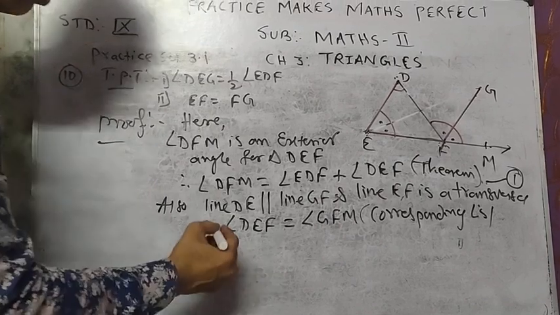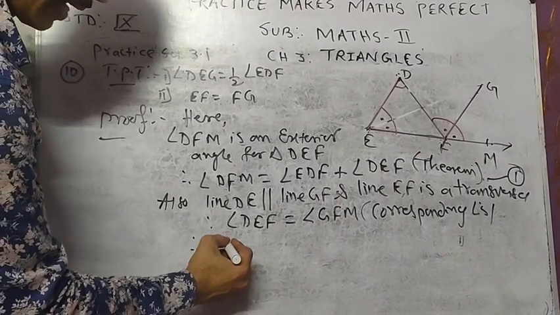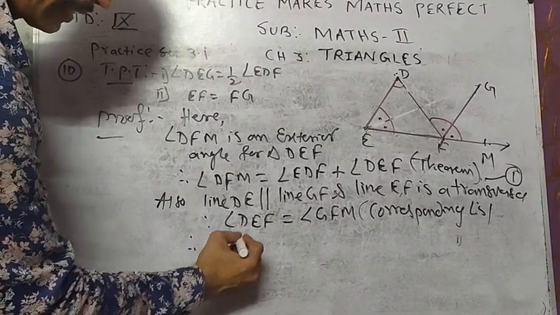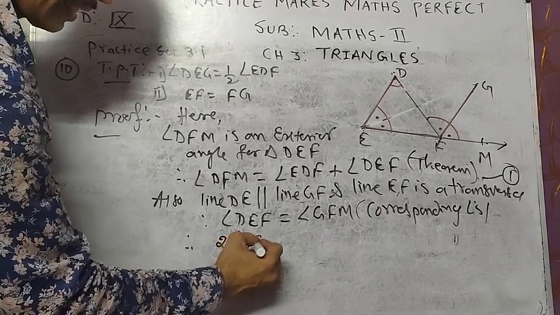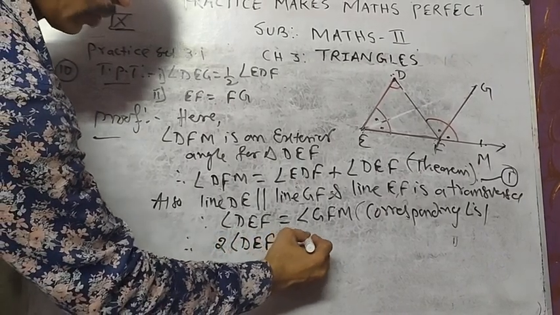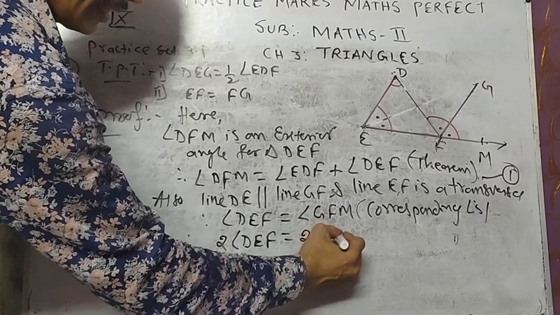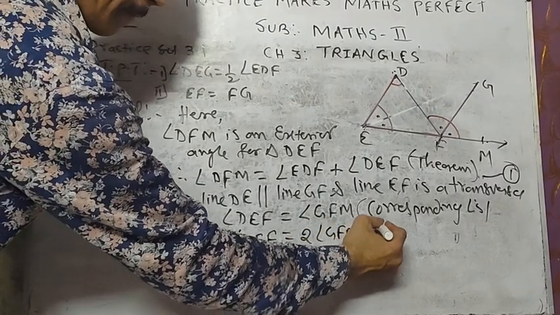Then you will multiply by 2. Multiplying both the sides by 2, twice angle DEF is equal to twice angle GFM.